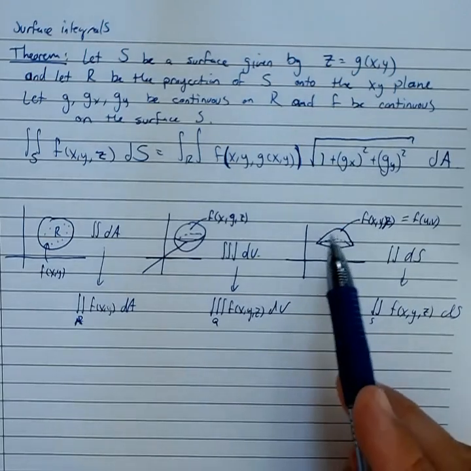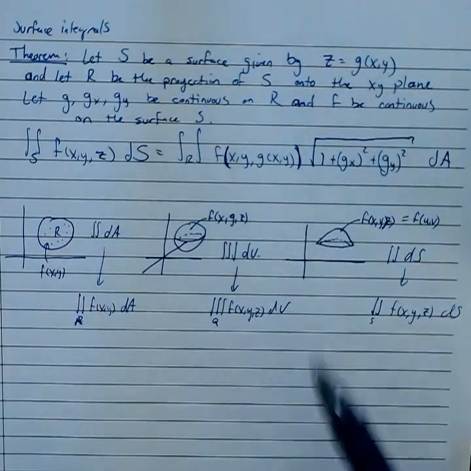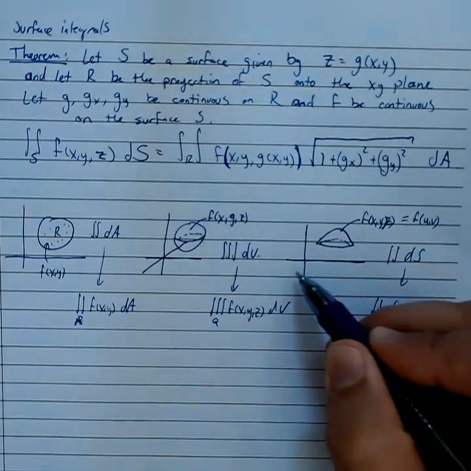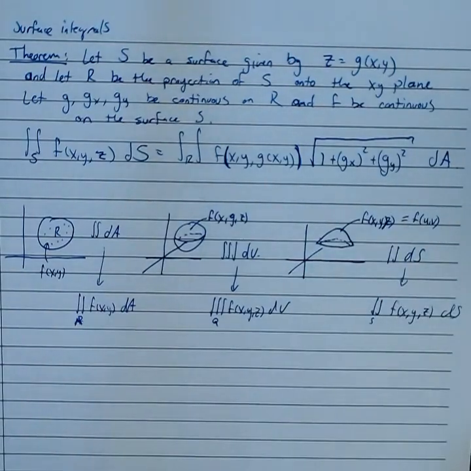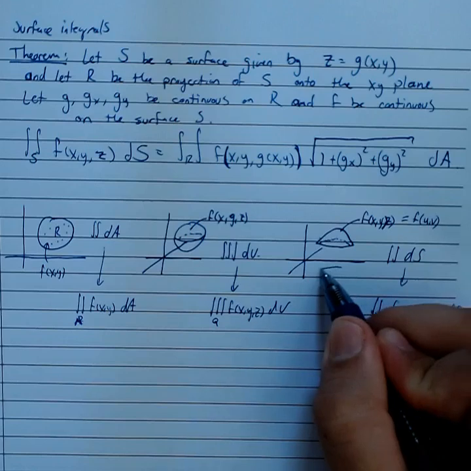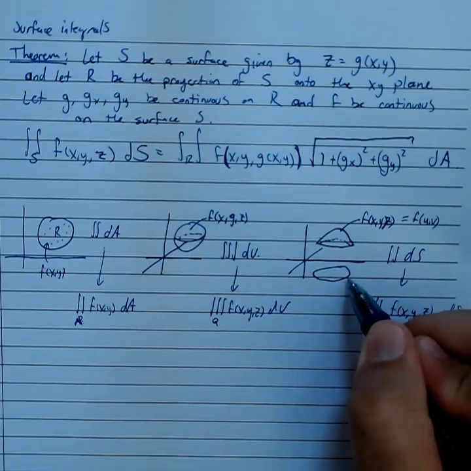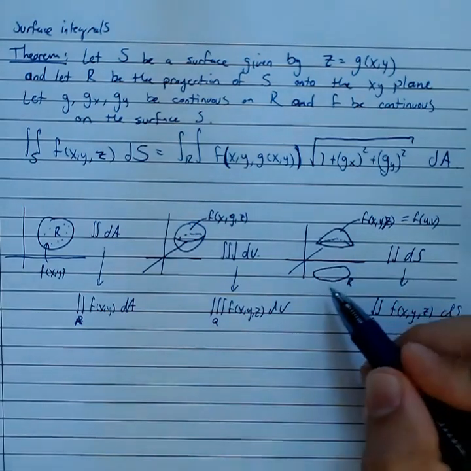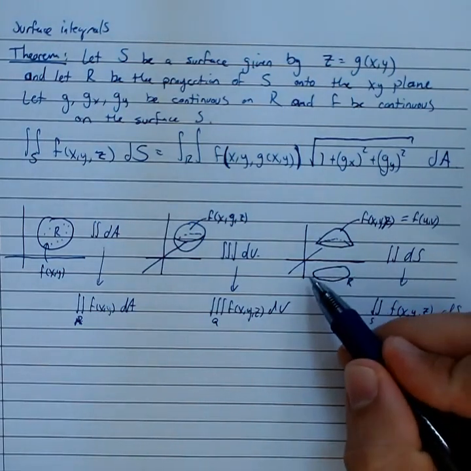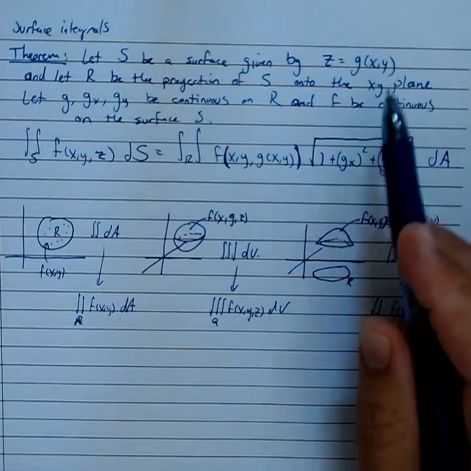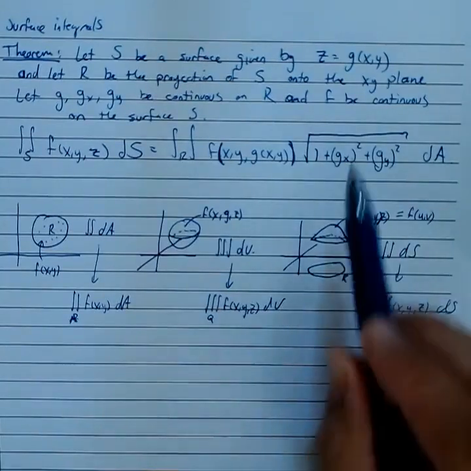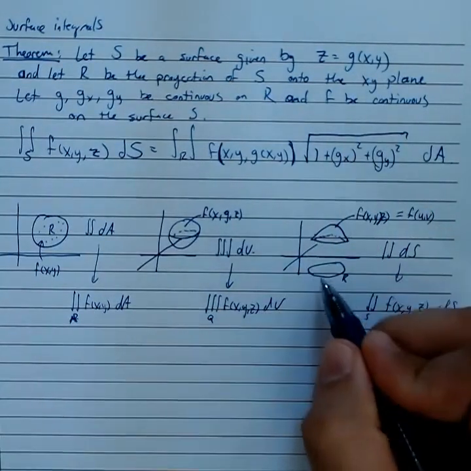Here we're going to take all of our surfaces to be, you have a region R in the xy plane. And you can take this region R and take every point in that region and apply a function to it, and that'll give you a height.